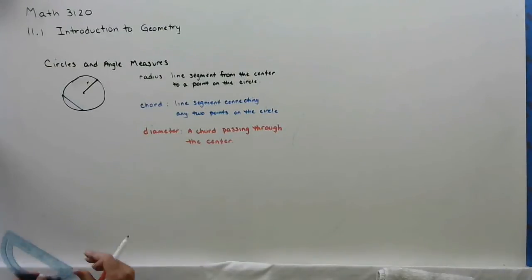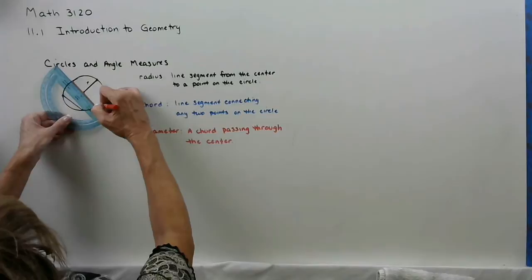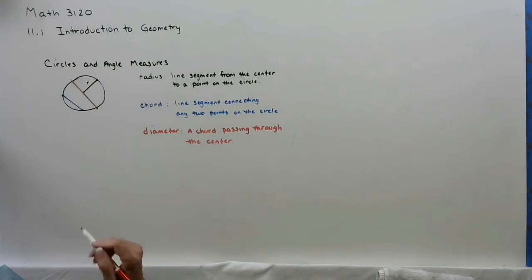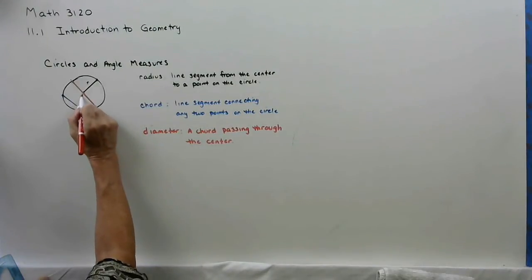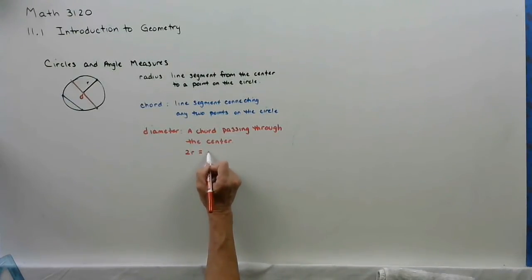So it has to go all the way through the center from one side to the other. Oh no, I ran into the black pen. Hopefully that won't mess that up too much. All right. So the diameter goes all the way across and it does go through the center. So make a note that 2 radii are exactly the same as 1 diameter.